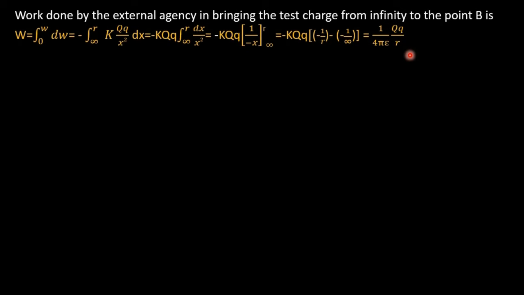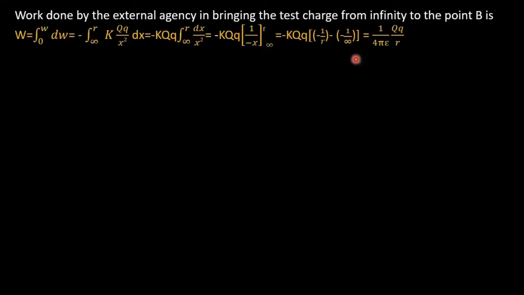So depending upon the nature of the medium, the value of epsilon varies. Now the external agency expends energy to do the work in bringing the test charge from infinity to the position B, which is at a distance r from the source charge.